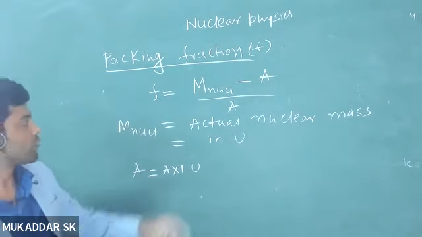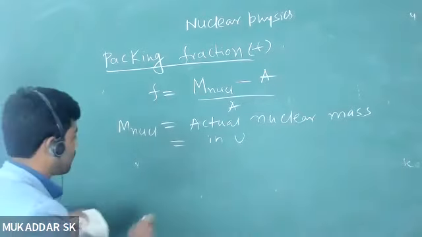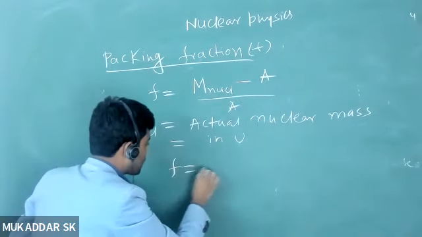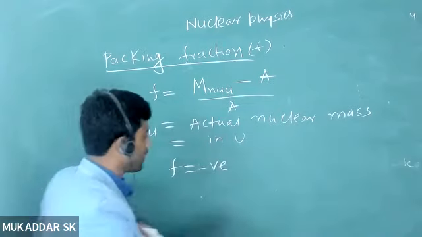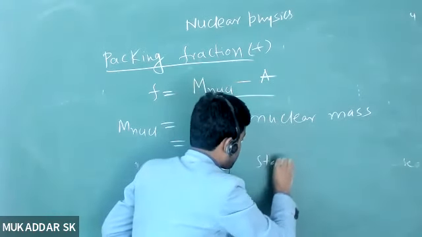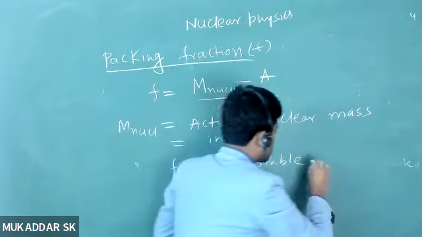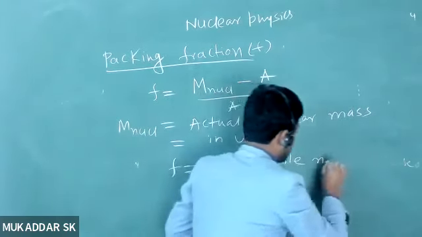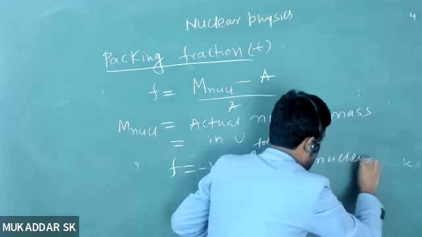So it means for stable nuclei, if A is larger than the actual mass, you will have a packing fraction that will be negative, and that is for what? For stable nucleus. Am I right?